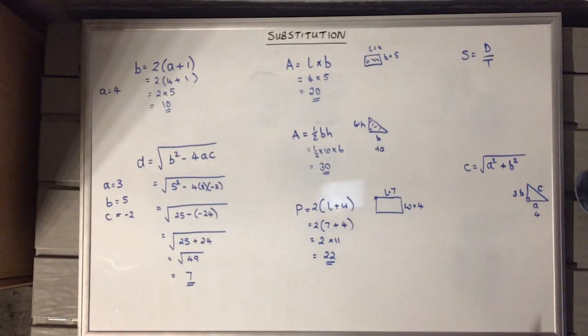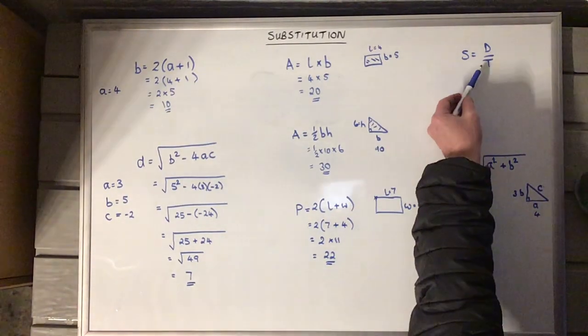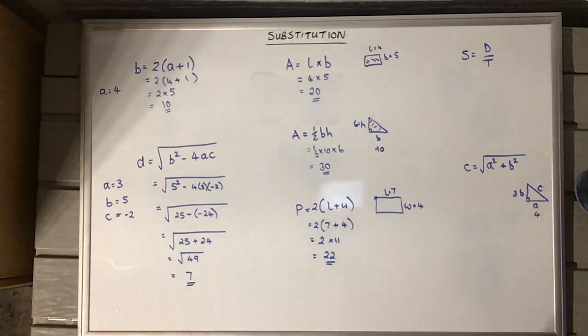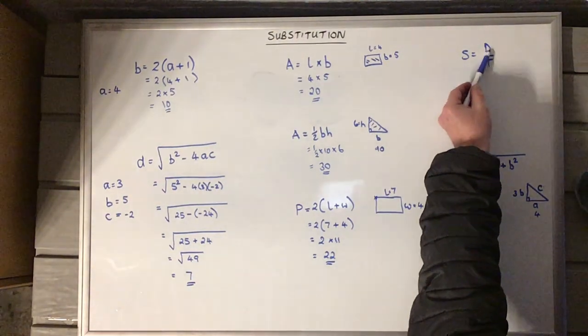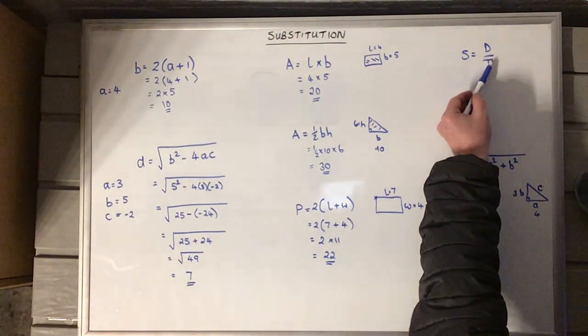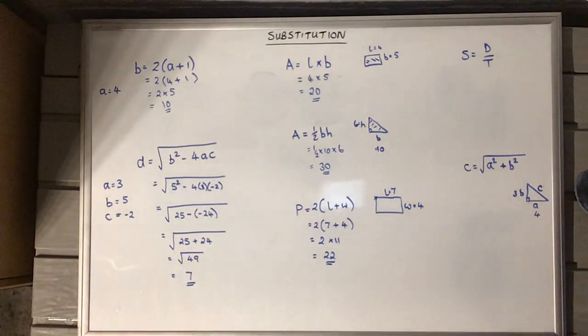We'll do 2 more. This formula up here, if you haven't done physics yet, you'll probably do it at some point when you go to science. This formula says the speed is equal to distance over time. D stands for distance, T stands for time, and S stands for speed.